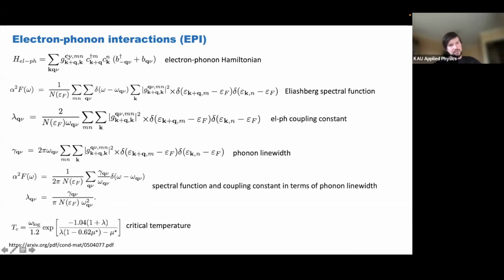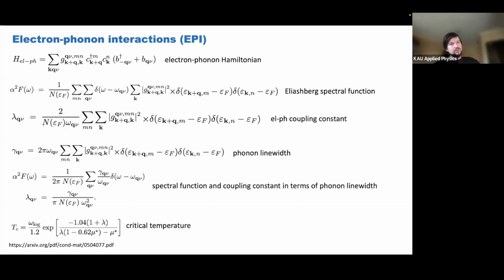So we get this matrix, then we have spectral function and lambda in such huge expressions, but we can apply this thing which is called phonon line width. It's some analogue of our phonon dispersion curves, but for electron-phonon interactions.